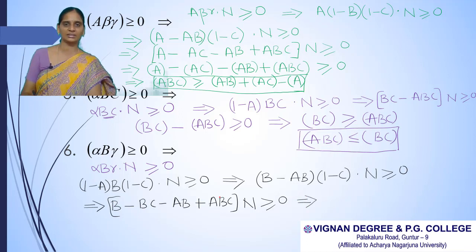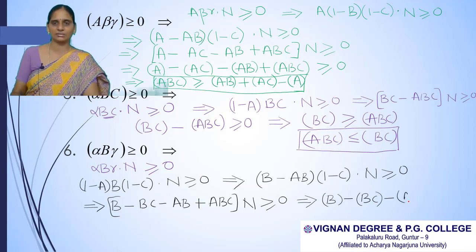And this implies B into N can be written as frequency of B, BC into N can be written as frequency of BC, AB into N frequency of AB. Similarly, ABC into N frequency of ABC, which is greater than or equal to 0.